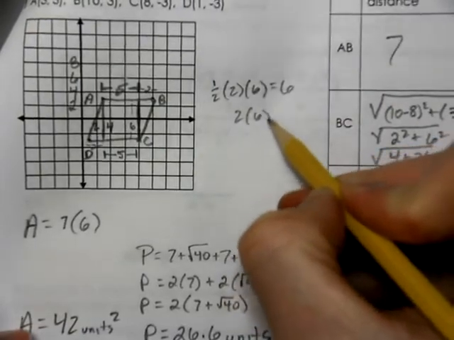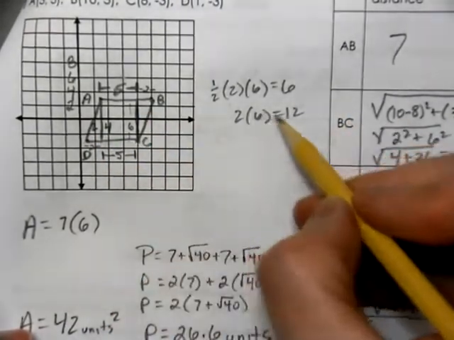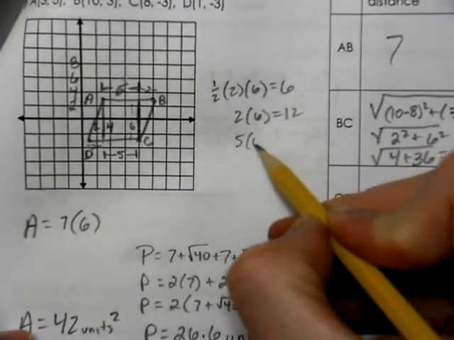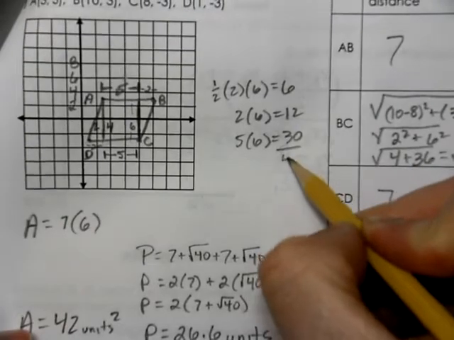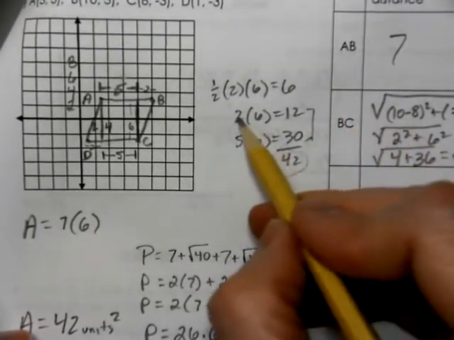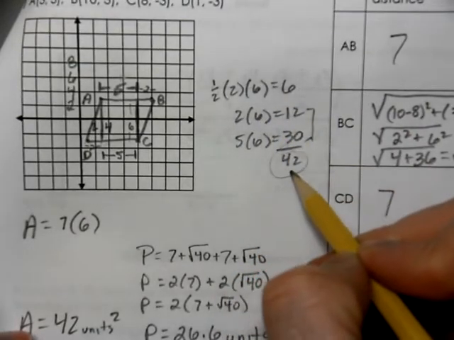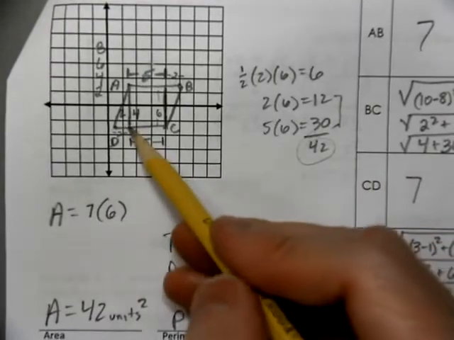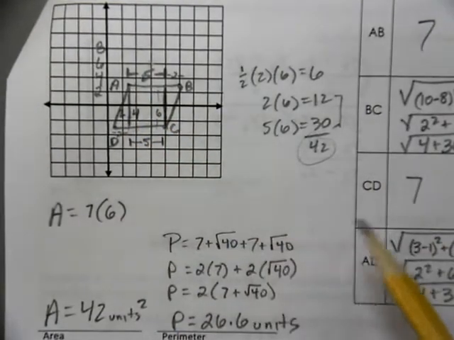There are 2 of them, so that's 12 for all the triangles, plus the 5 times 6, which is 30. And that adds up to be 42. These two numbers add together, 2 triangles of 6 apiece, plus the 30 gives you 42. That helps verify that this was base times height.